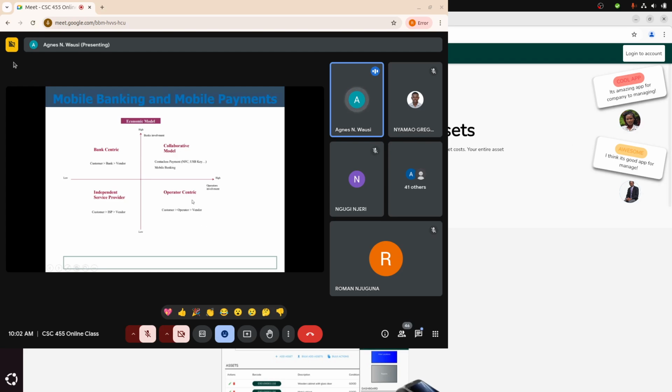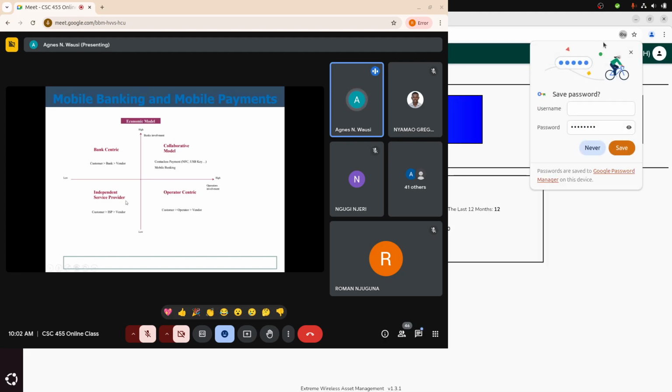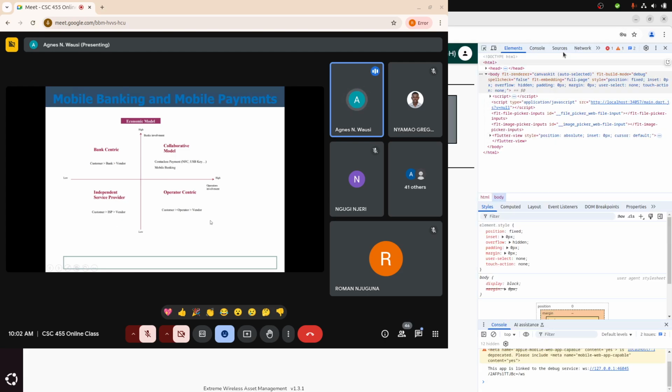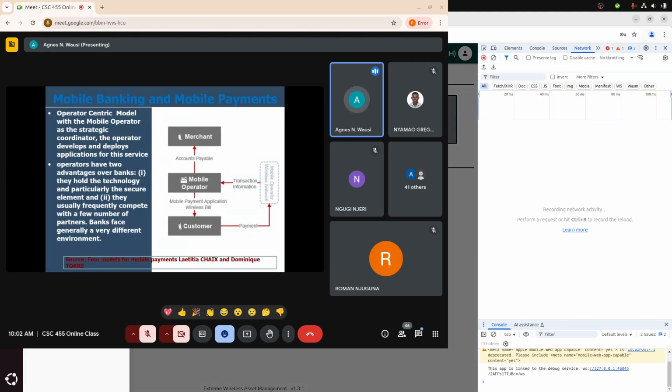So here you might find that many of the pay bills and all those other things may fall here. The operator involvement is high, but I think they fall here. Yeah. So those are the four different types of models.